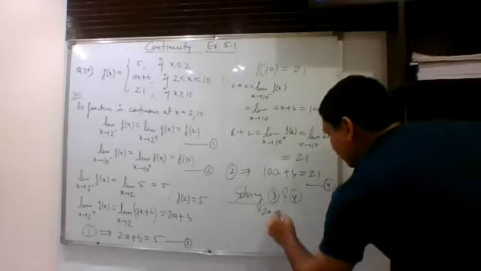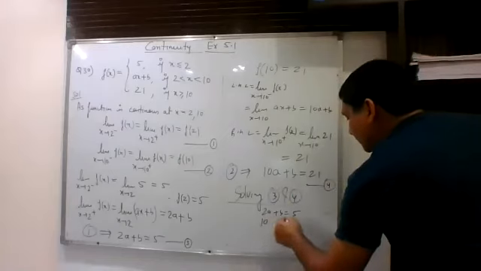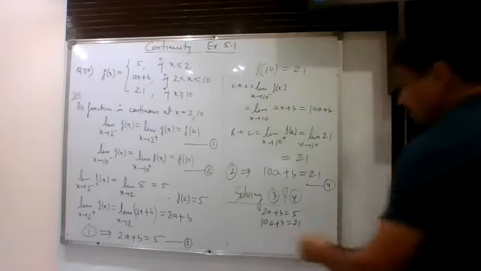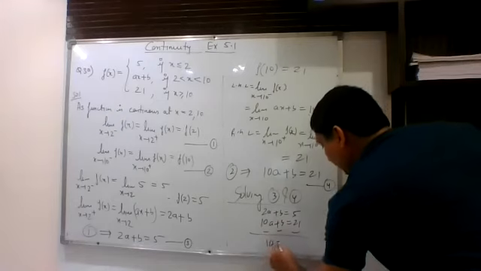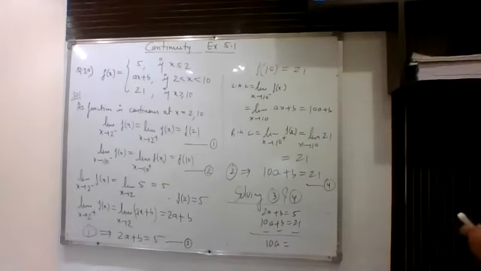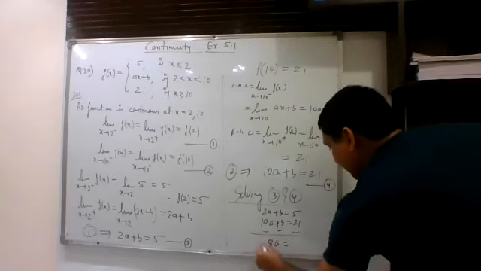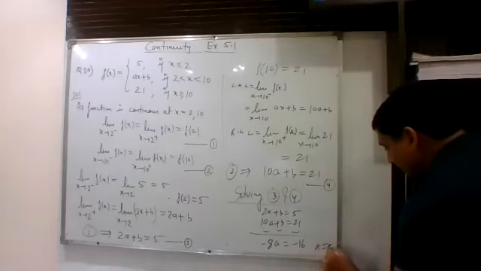This is 2a plus b is equal to 5. And this is 10a plus b is equal to 21. Just subtract. This will become 8a is equal to 16.